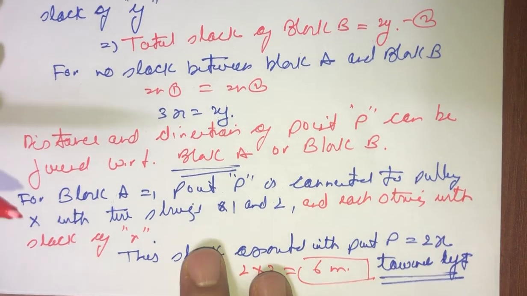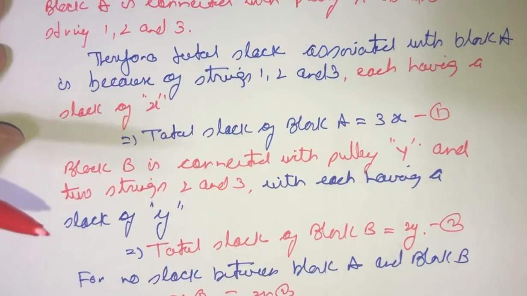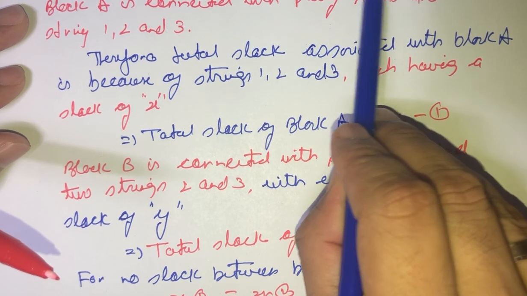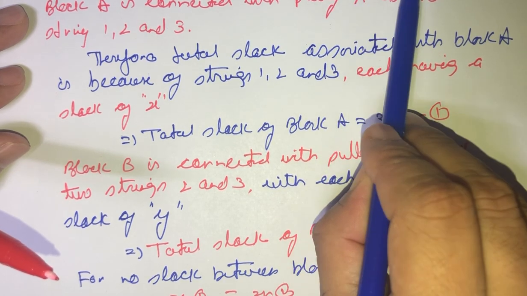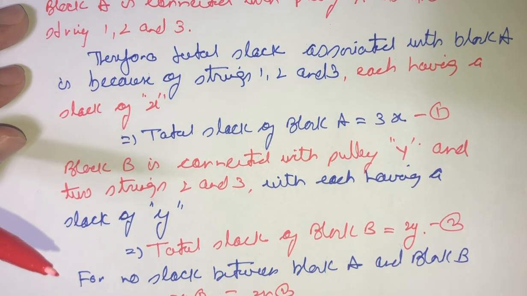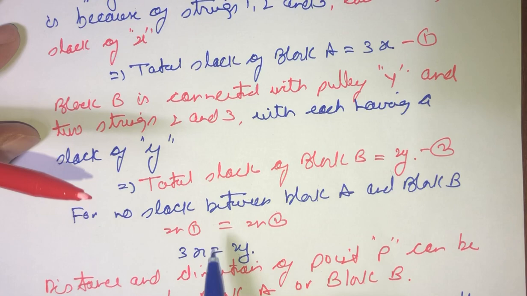And if you want to use block B, it is the same. Point P is connected with block B with two strings, 2 and 3, each having a slack of y, and we already know the relationship between x and y.